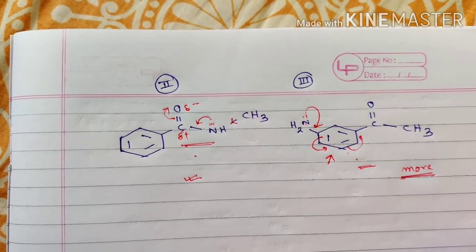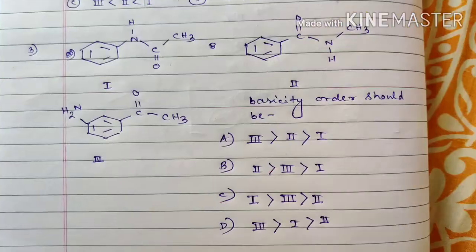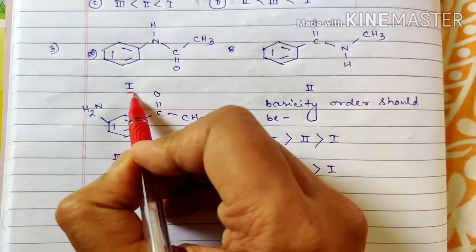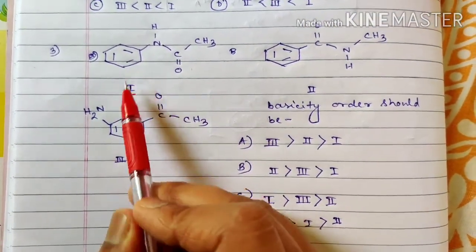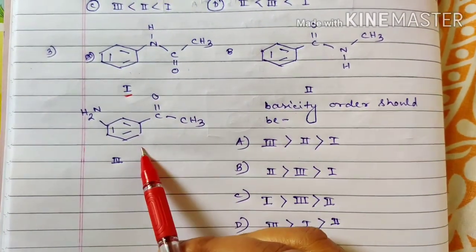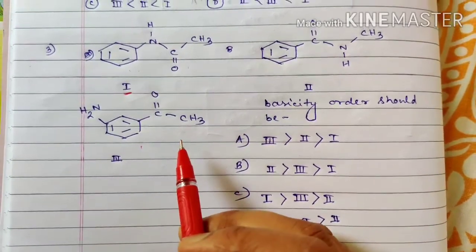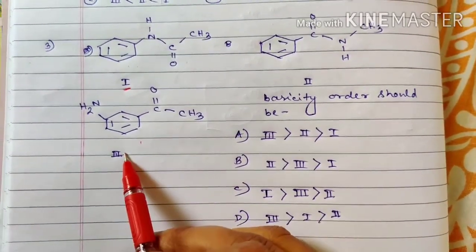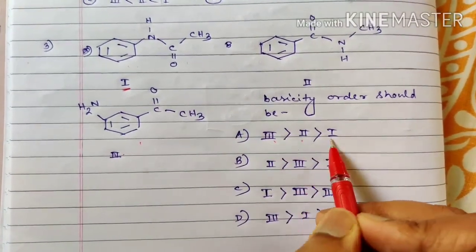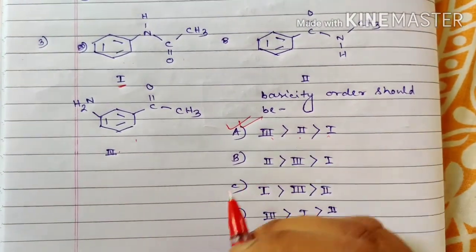The basicity will be more in the case of 3. So coming back to the original problem, we have already chosen option 1. This is the weakest base. Out of 2 and 3 we were a little confused, but we have now established that 3 will be a stronger base compared to 2. So 3 greater than 2 greater than 1, this option will be the correct one.